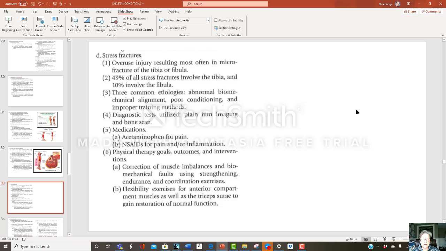Diagnostic test, plain film imaging, and bone scan. Acetaminophen for pain, NSAIDs for pain and or inflammation. Physical therapy goals, outcomes and interventions: correction of muscular imbalances and biomechanical faults, using strengthening, endurance and coordination exercises, flexibility exercises for the anterior compartment as well as the triceps surae.